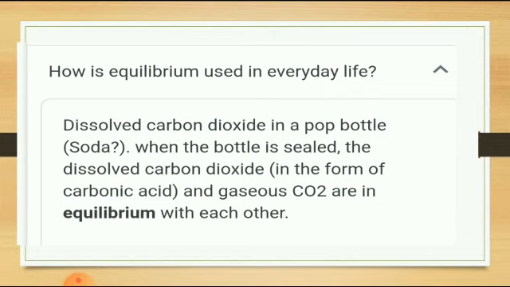Dissolved carbon dioxide in pop bottles or soda drinks. When the bottle is sealed or closed, the dissolved carbon dioxide in the form of carbonic acid and gaseous carbon dioxide are in equilibrium with each other.